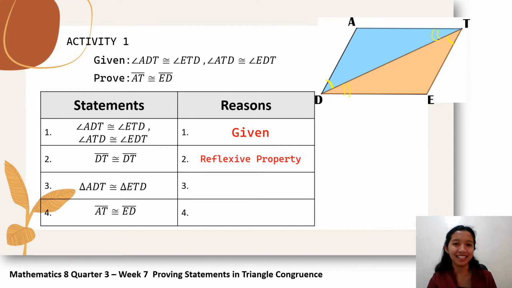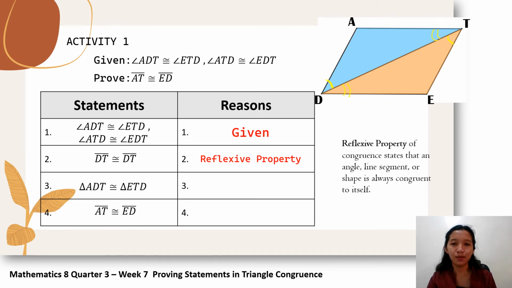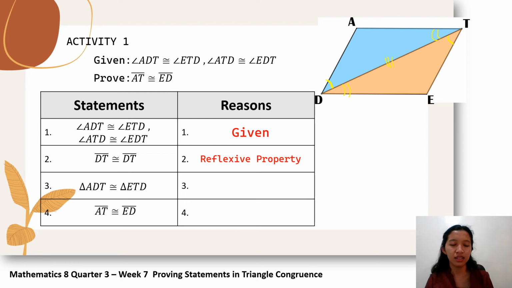Yes, the reflexive property, because the reflexive property states that an angle, line segment, or shape is always congruent to itself, right? So let's put markings for that, our third congruent part. And next, our third statement is triangle ADT is congruent to triangle EDT.